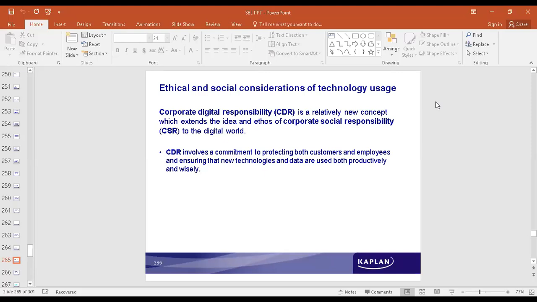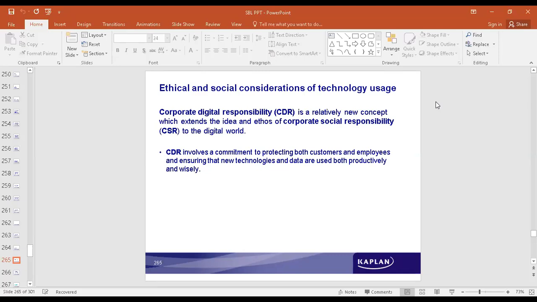So, in connection to the usage of technology, if the organization feels the responsibility to use the data, the digitalization or the elements of technology appropriately, then we call that corporate digital responsibility. It's a relatively new concept which extends the ideas and ethos of corporate social responsibility, but this is with reference to digitalization, to the digital world.